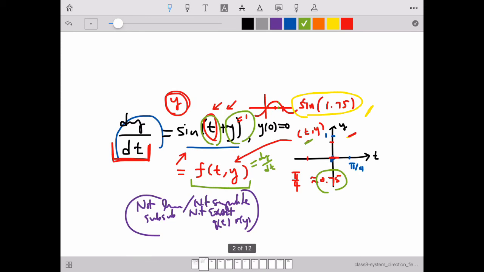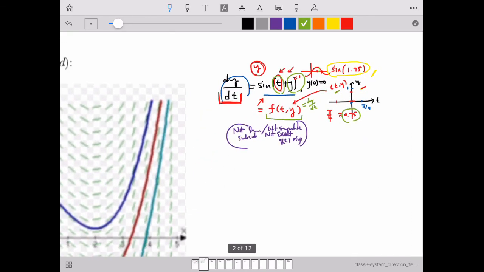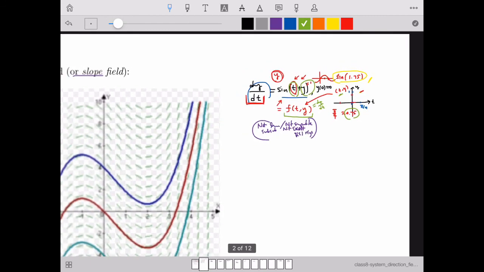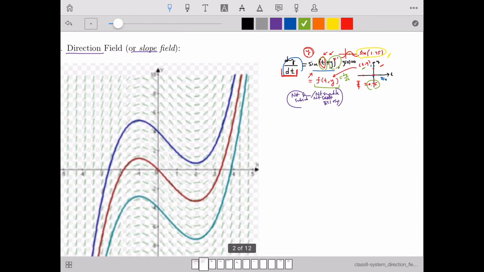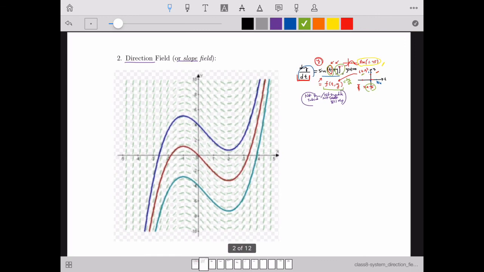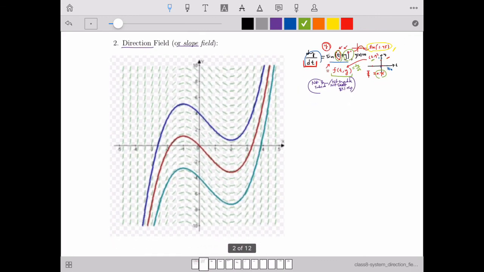Okay, in this class I am not asking you to draw it by computer. The direction field will be given to you, and then you will have to draw an approximate graph of y. So all these arrows will be given to you. Suppose I have dy/dt equal to f(t, y) and this direction field.